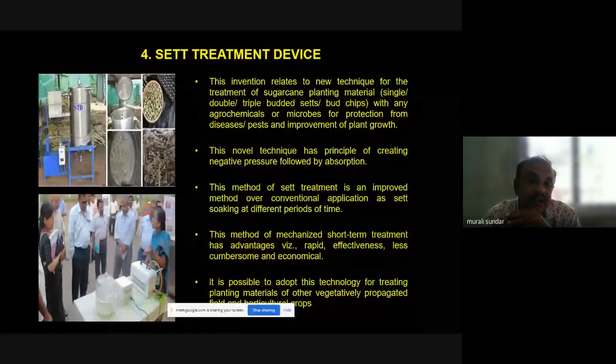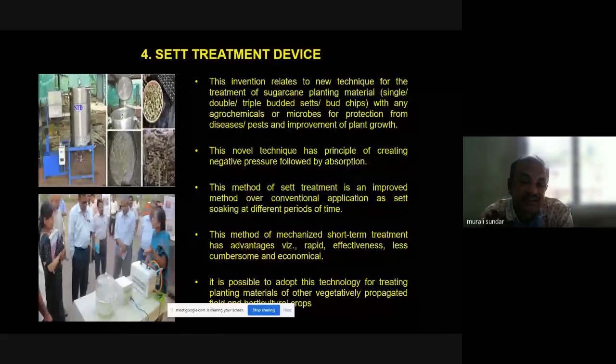And we have made a little improvement on the device now also. So it can be used for any vegetative crop, especially horticulture crops, where disease prevalence is quite predominant. This device costs around 1 lakh. The technology licensing is about 1 lakh, and the material is available from anywhere, 50,000 to 1 lakh, depending upon the requirement.